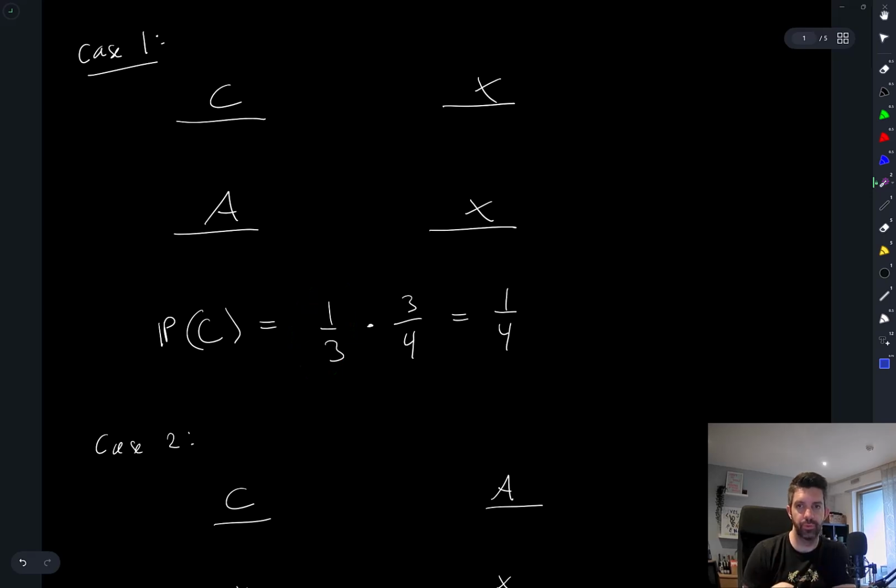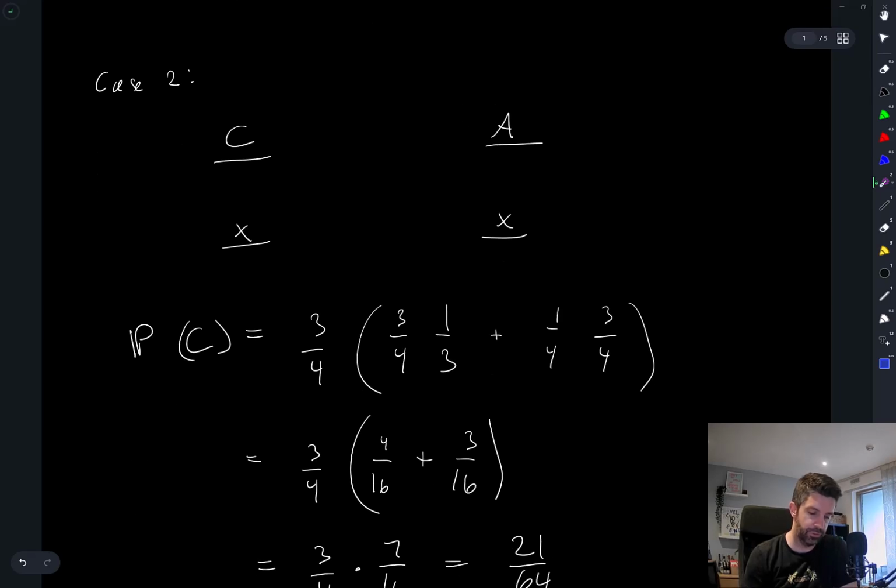Once he gets through, he plays X and has a probability of 3/4 of winning that. So 1/4 by independence, since we multiply the probabilities. In case 2, Carl wins the first game with probability 3/4.